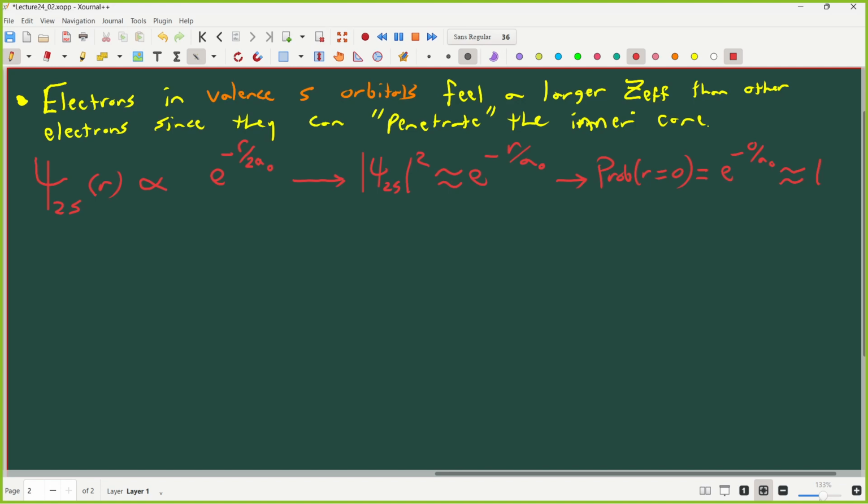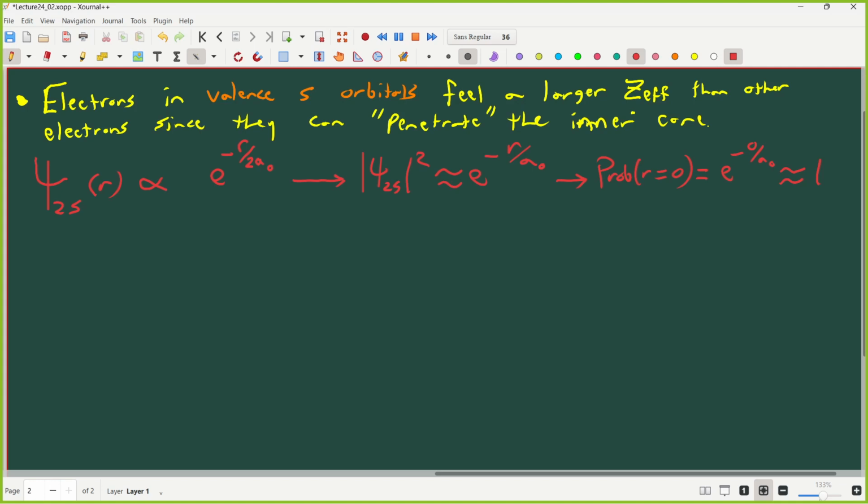That's why, for instance, in lithium, the 2s electron doesn't have an effective charge of 1, but closer to 1.3 or 1.5. Because the electron can sometimes, on average, exist inside of that 1s shell, closer to the nucleus, and therefore, on average, it feels a slightly stronger effect from the nucleus, a slightly higher charge.